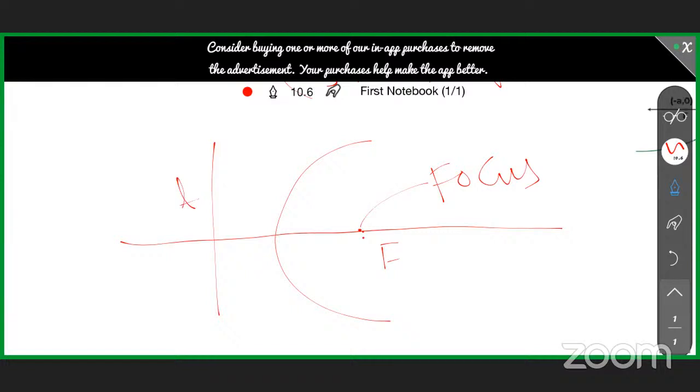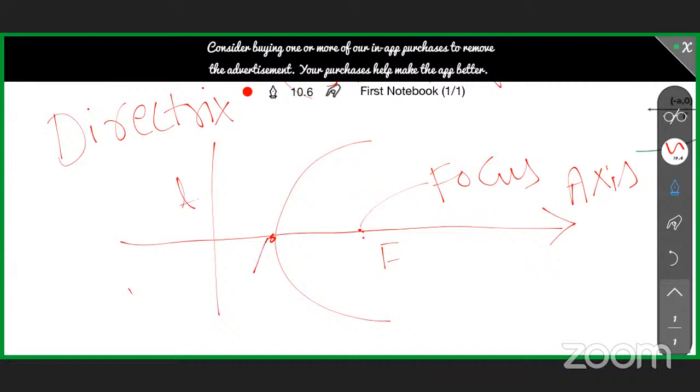Is it okay now? Yes, sir. Okay. Now the fixed line is called the directrix. The fixed line is called what? Directrix. The fixed point is called the focus, and the line where my parabola is sitting is called the axis of the parabola. The point where the parabola is cutting the axis, we call that the vertex.